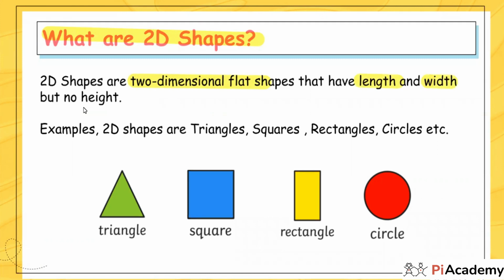If we have all of these 3, then it turns into a 3D shape. But for 2D shapes, we only have 2: the length and the width. In front of you, we have some examples. This is a triangle, this is a square, this is a rectangle, and this is a circle. These are examples of 2D shapes. There are various other shapes as well, but right now I'm just showing you these 4.